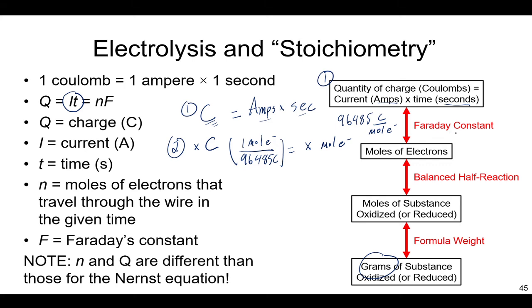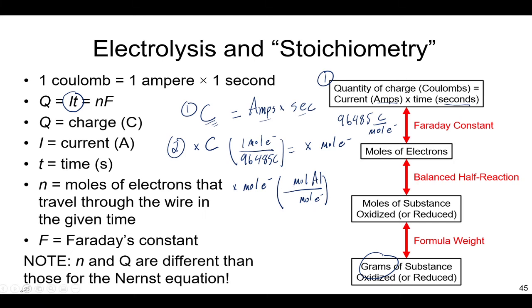That's step 2 here. Step 3 is taking that X moles of electrons and using some molar ratio. What you need is moles of electrons to moles of substance. Maybe that's aluminum, maybe that's nickel, whatever it is. We'll just call it moles of aluminum here.